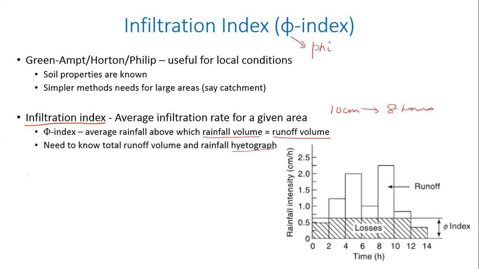So this is an average way of looking at the relationship between rainfall and runoff. Does this figure explain clearly what that first sentence is telling you? The average rainfall above which rainfall volume equals runoff volume. Let me just draw it over here.